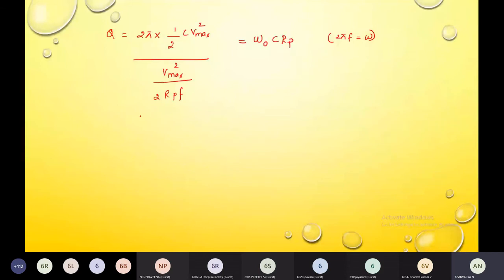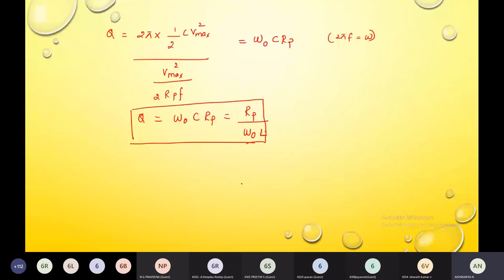This is your quality factor for your parallel resonance circuit with respect to your C. Suppose you derive with respect to your inductance, then it will be RP by omega naught L. So make a note of this formula, a very important formula for your problems as well as for other topics in the next third unit.